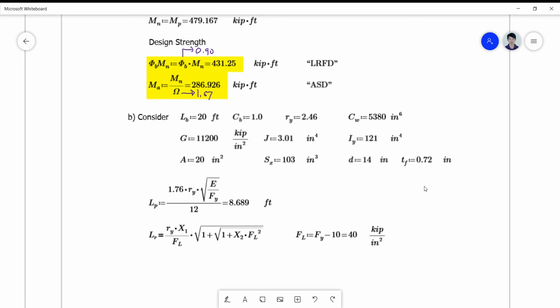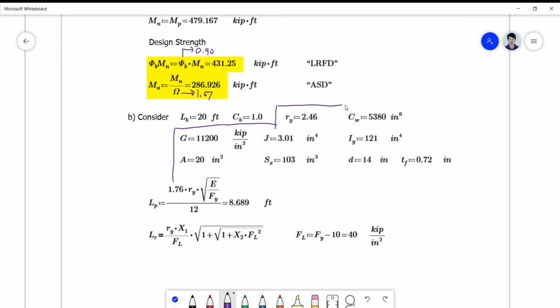We need these properties shown here, and this was extracted directly from the table. Okay. So in other references or manuals or tables, LP and LR are automatically given.